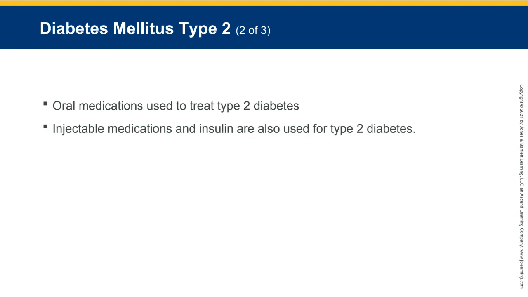So for a type 2 diabetic, the most significant problem as their blood sugar rises is dehydration. So they're going to have significant dehydration and they are at risk for going into a coma, diabetic coma as it is called.